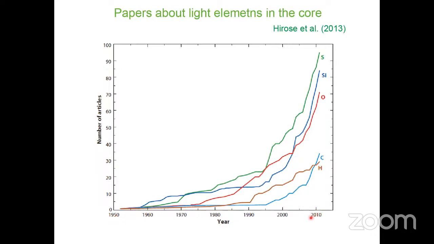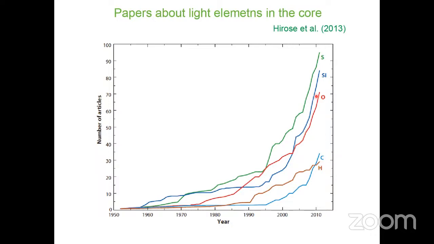The first proposition of a light element in the core was, as I said, in 1952, then the competition started. Looking at 2010, the currently leading element is sulfur, followed by silicon and oxygen, and carbon and hydrogen are less popular.